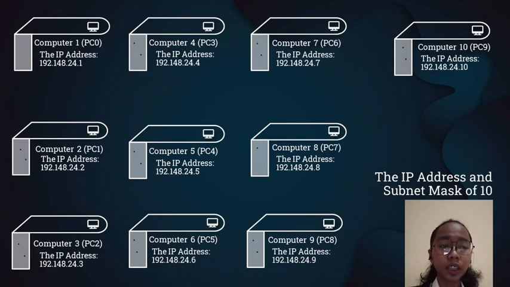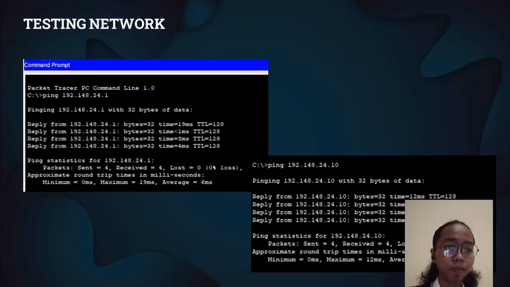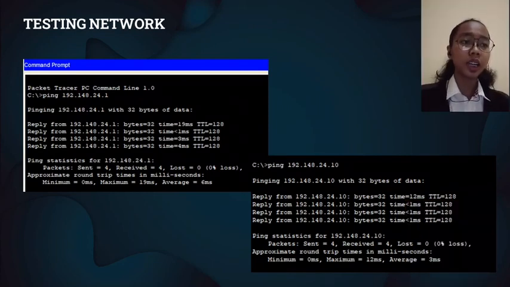So, for computer 10 it is 192.148.24.10. The subnet mask for all of these computers is 255.255.255.240.